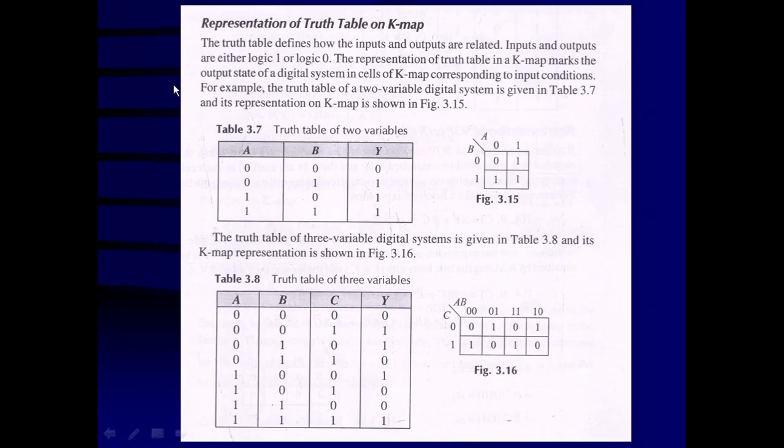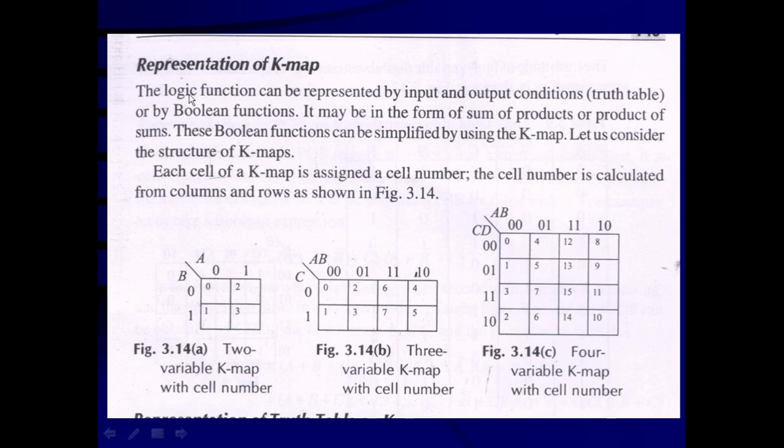Representation of the Karnaugh map. The logic functions can be represented by input and output conditions, which is known as a truth table. The requirement of the digital system is represented in one method as a truth table, in which all possible combinations of the input variables are listed, and corresponding to each input combination the required output is given.